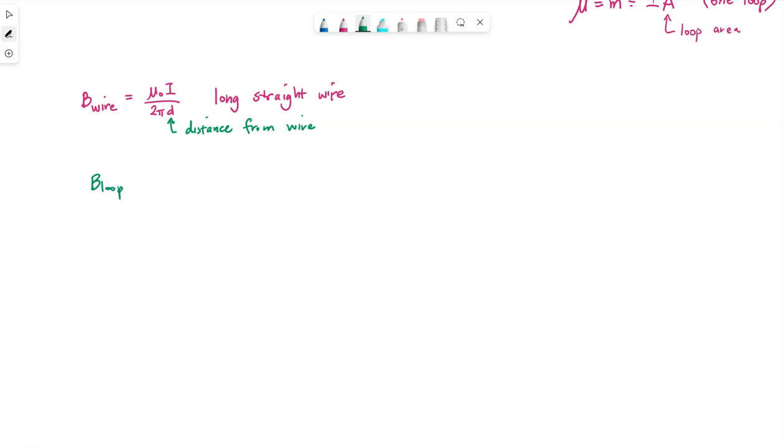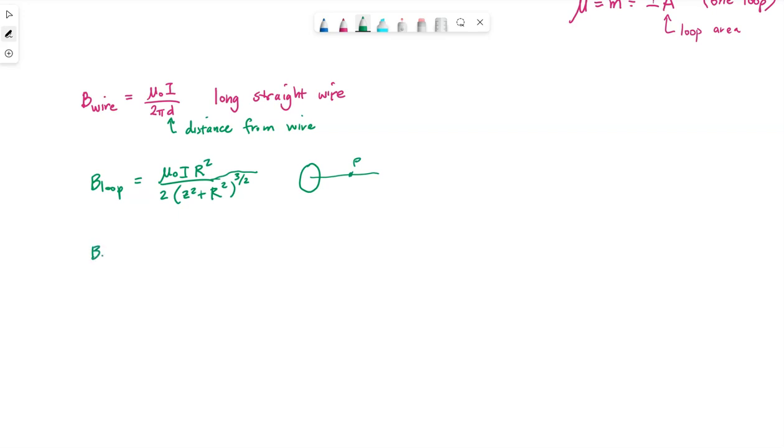This video, we've talked about B of a loop. Just writing it out again. I had the r squared before the z squared, but the addition order doesn't matter. That's all under the square root sign. This is for a single loop of wire somewhere along the axis that you're trying to find the magnetic field.